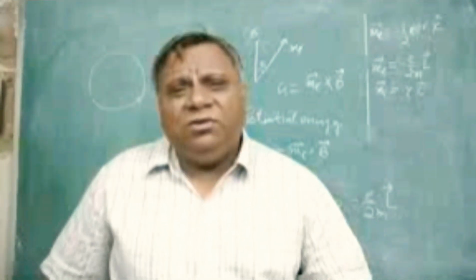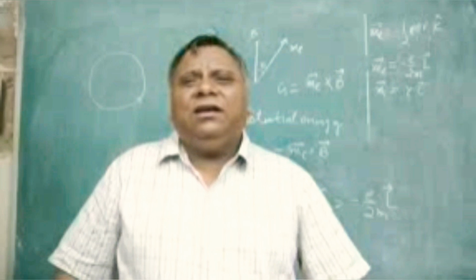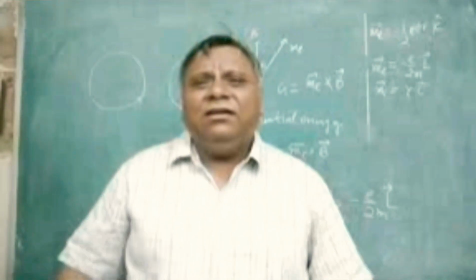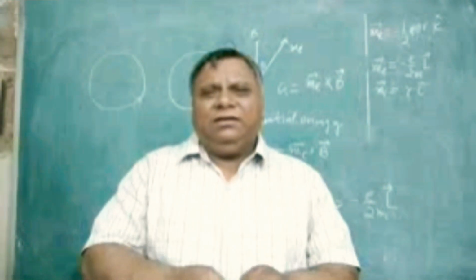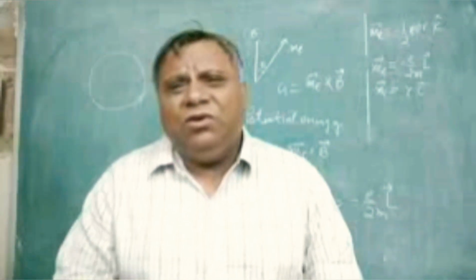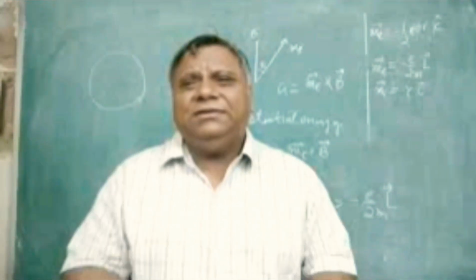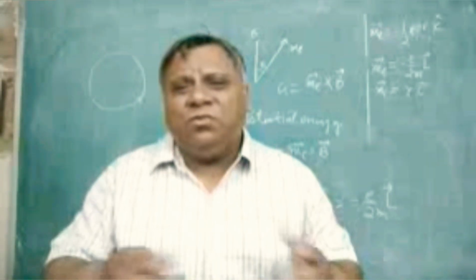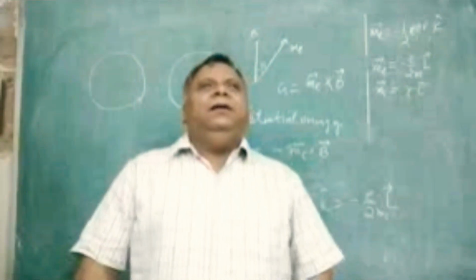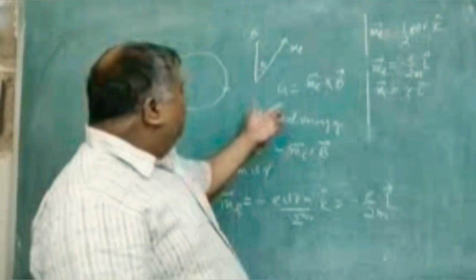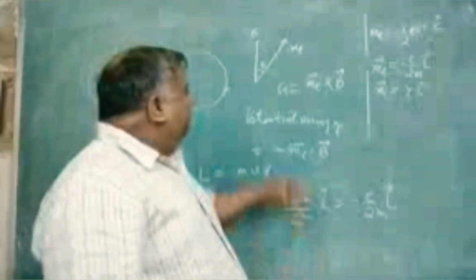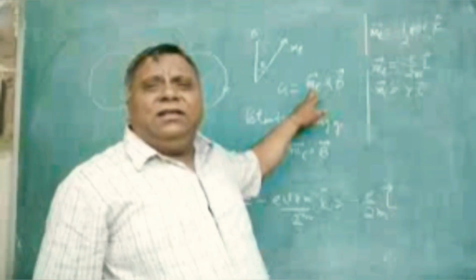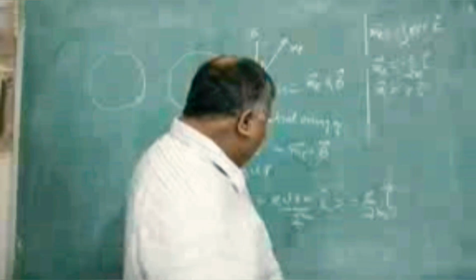So if you put it in the field, there is a torque which tries to align the electric dipole along the field, which is basically the origin of orientational polarizability. But here the situation is different. We have an angular momentum which is associated with m_l.